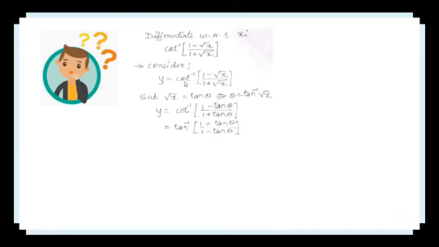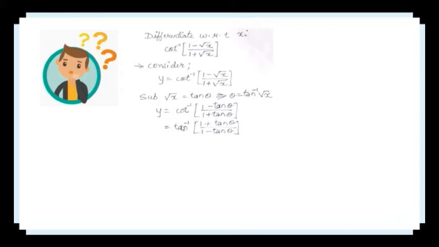Consider y equal to cot inverse of (1 minus root x) upon (1 plus root x). We'll substitute root x equals tan theta. So theta will be tan inverse of root x. Then y equal to cot inverse of (1 minus tan theta) upon (1 plus tan theta).